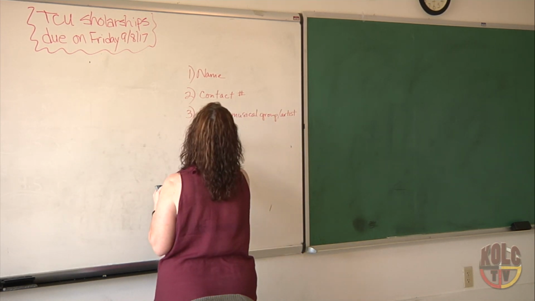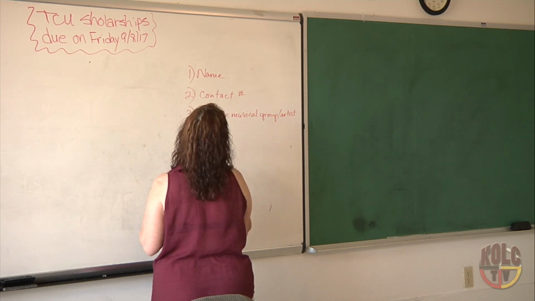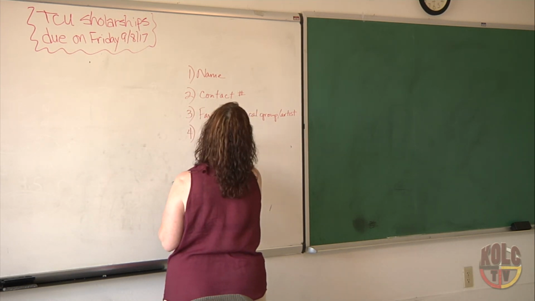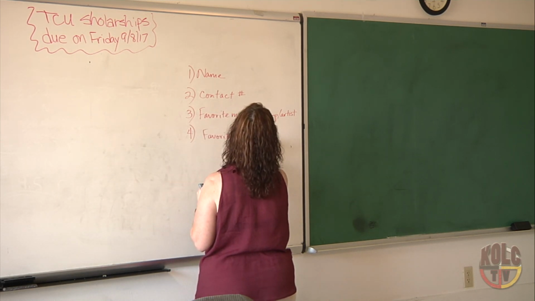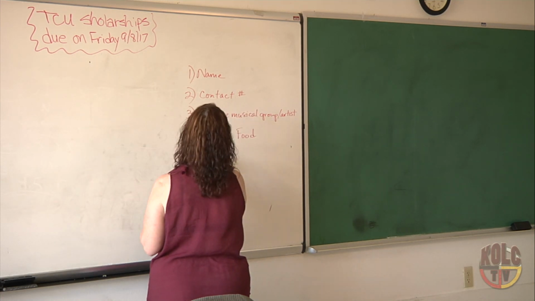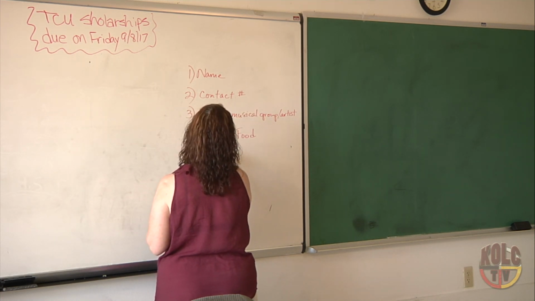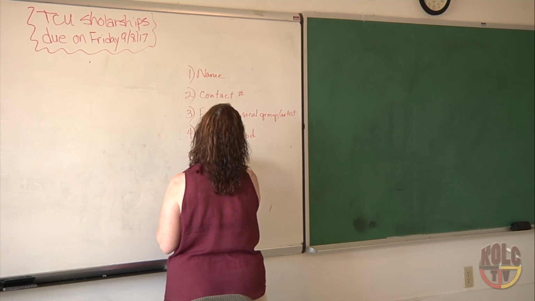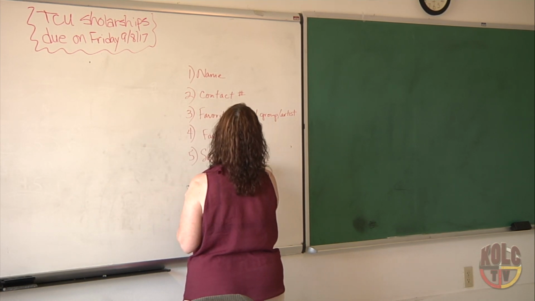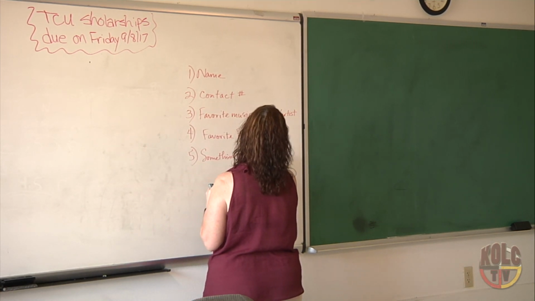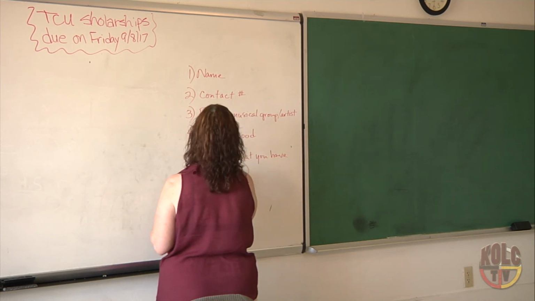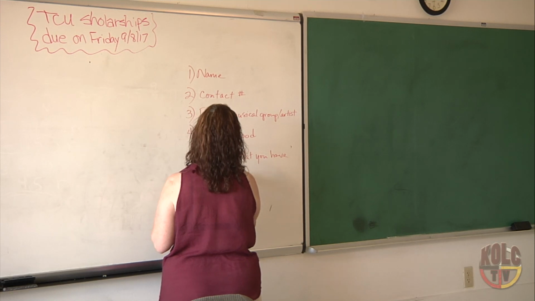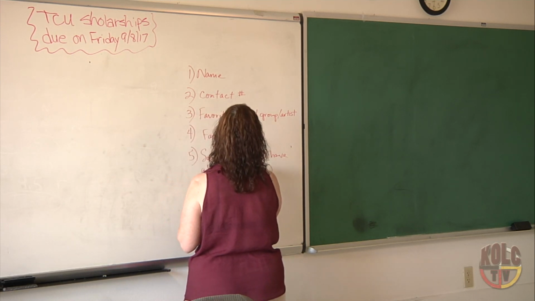Okay. The fourth thing I want you to put on there is your favorite food. And the fifth thing I want you to list is something that you have always wondered about.